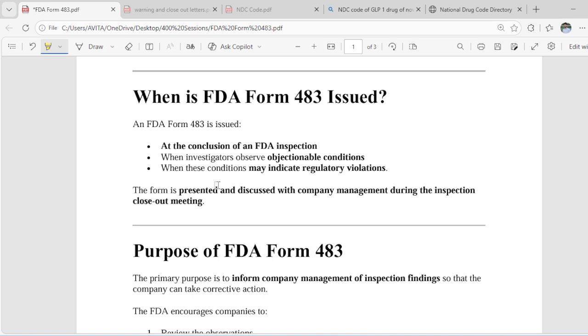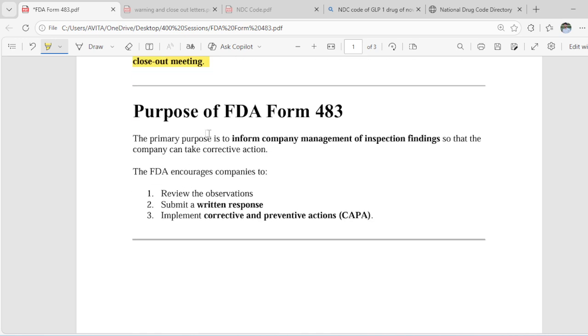Then the form is presented and discussed with the company management during the inspection closeout meeting. If the company or sponsor is able to resolve all those queries, then FDA may re-inspect and close it out. At that time, we call it the close out of that FDA Form 483.